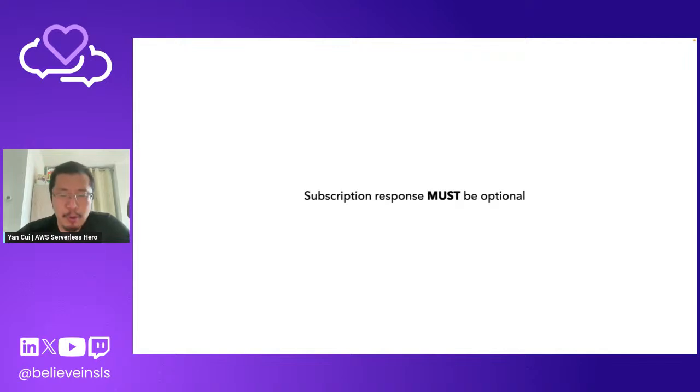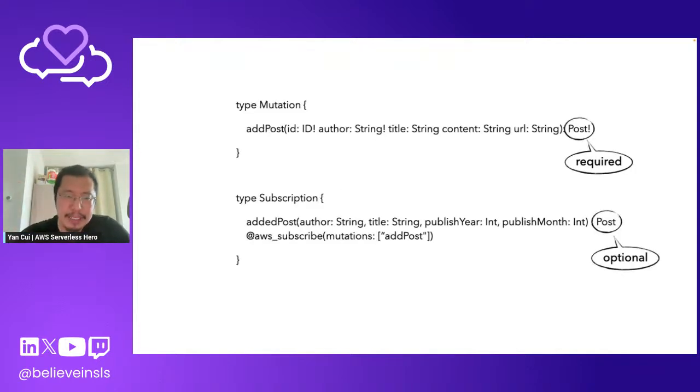Another thing you can do with AppSync subscriptions: AppSync manages all of that stuff for you, but how do you implement, say, authentication and authorization? The subscription itself is also a GraphQL request, so you can still use AppSync's built-in authentication and authorization mechanisms using Cognito, IAM, or Lambda authorizer.